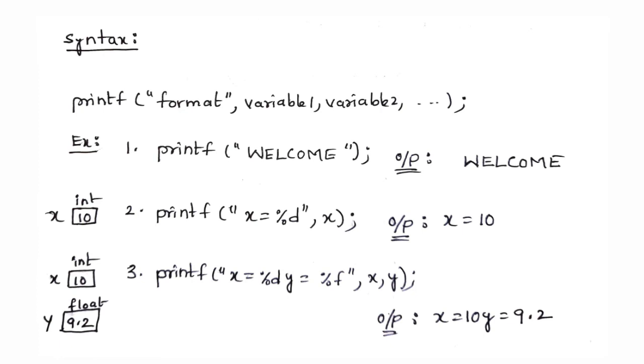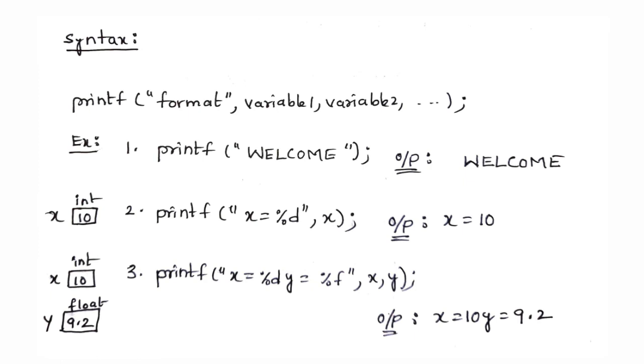Now go to the second example. Printf x is equal to %d. I have enclosed x is equal to %d. The compiler executes x is equal to, and when it reaches %d, it reads an integer from the next variable.